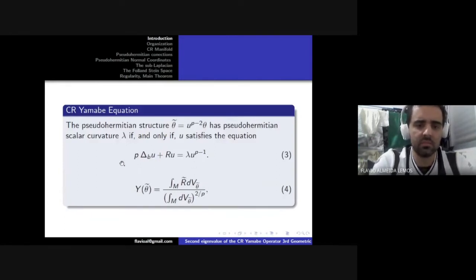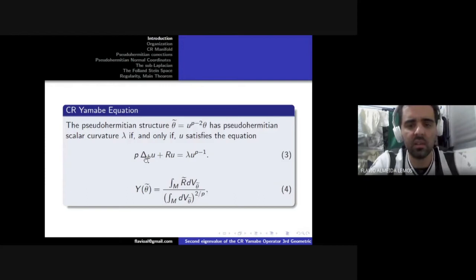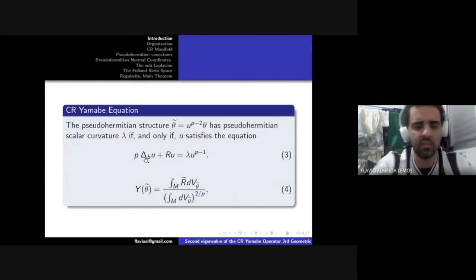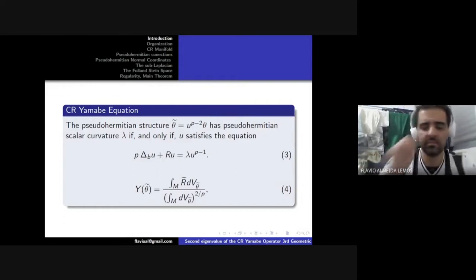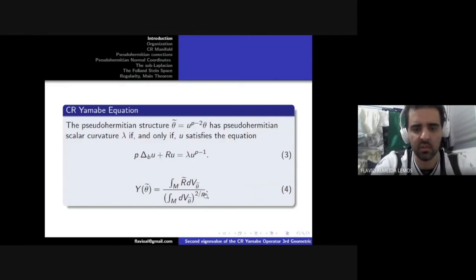This is the Euler-Lagrange equation of this functional. p is different here: p is equal to 2 plus 2 divided by n, which is different from the Riemannian context value.